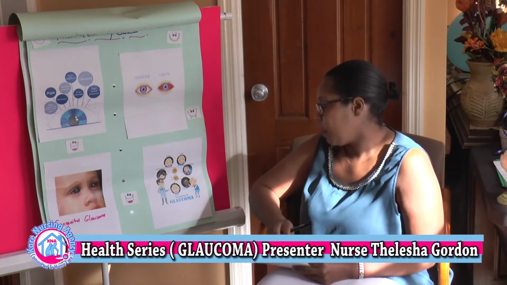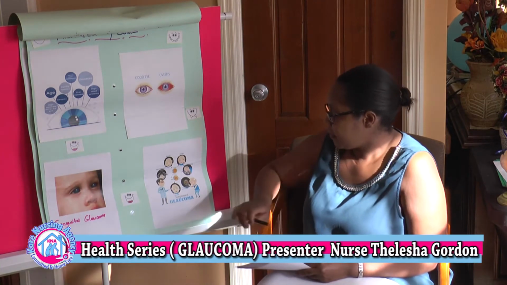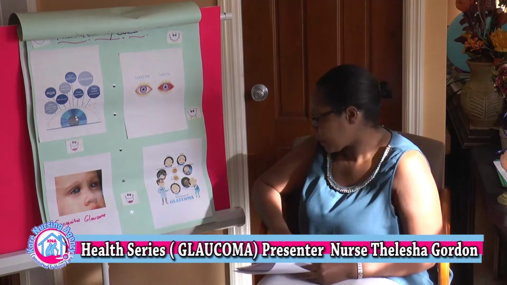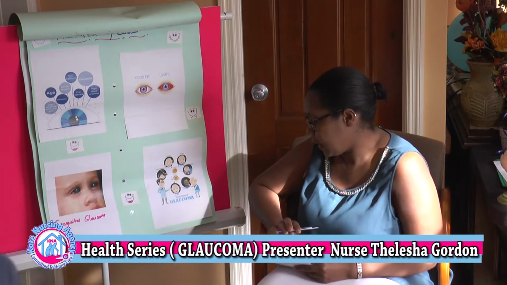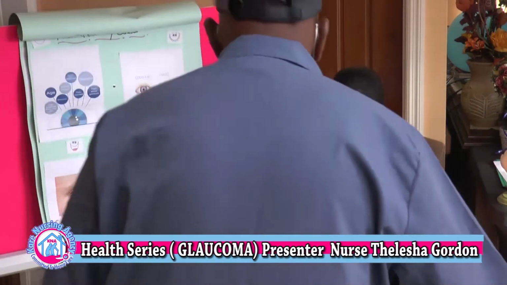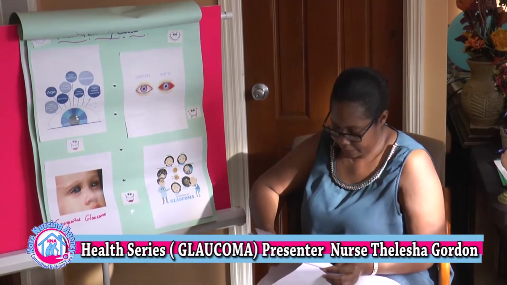That's a sign that you might need your eyes checked for any glaucoma. Some persons might have eye pain with glaucoma, but there's a type of glaucoma, the closed angle, which we will get into soon, that comes with pain in the eye.